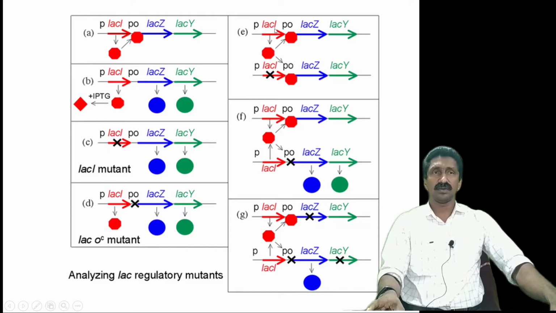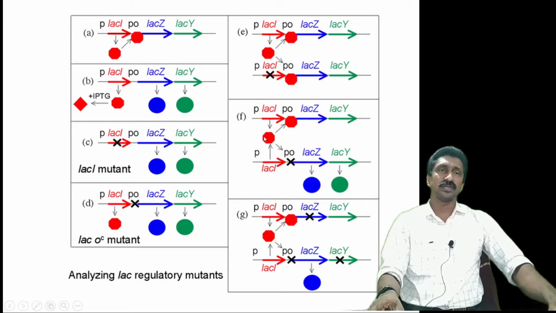So the LAC-I gene of the incoming vector will complement the regulation of the host cell regulatory mechanism. And there is another example. In this case, we have a mutated promoter region, so the LAC-I gene cannot bind here.